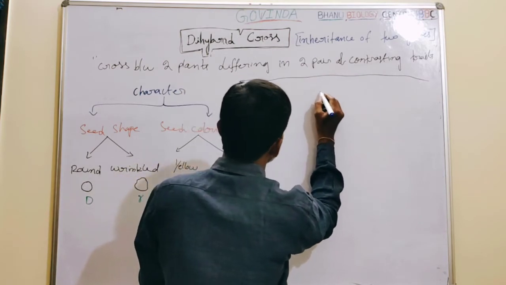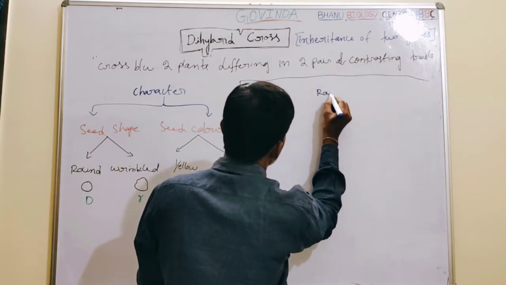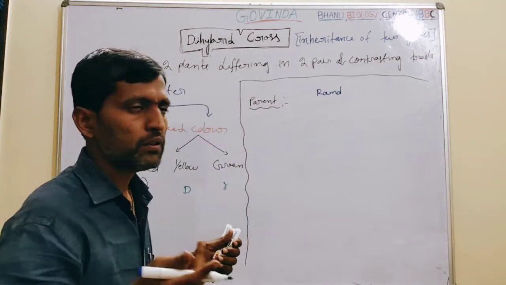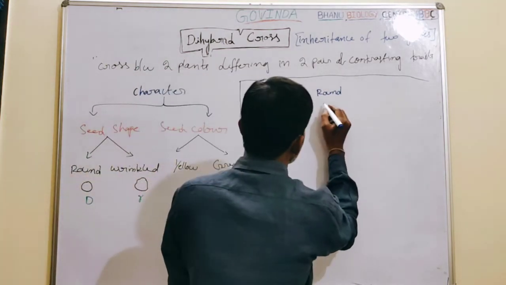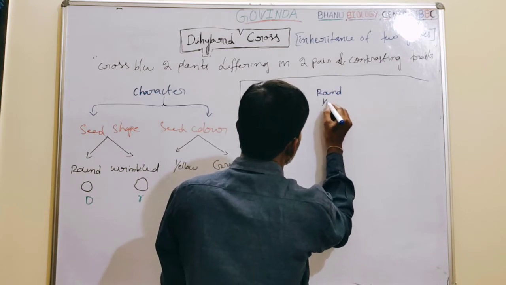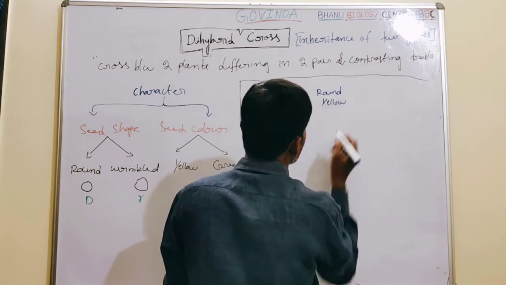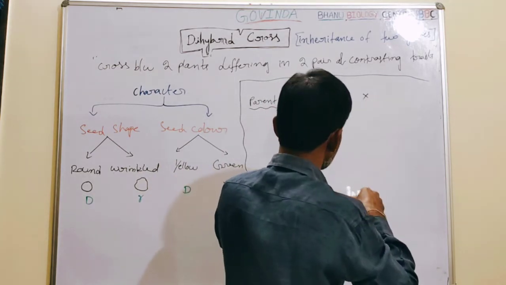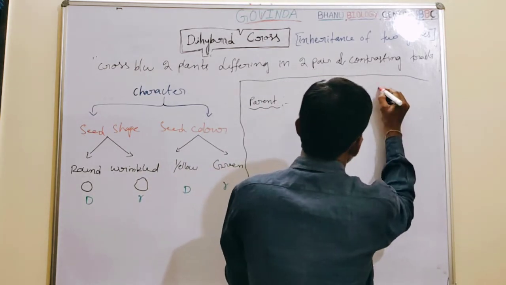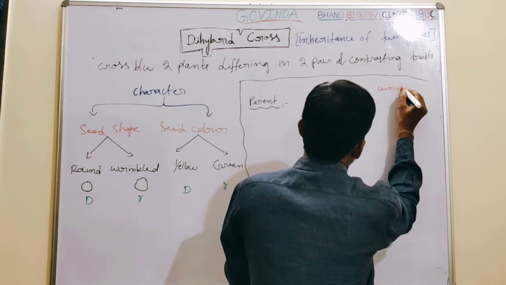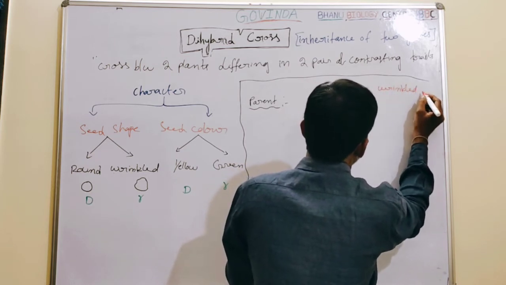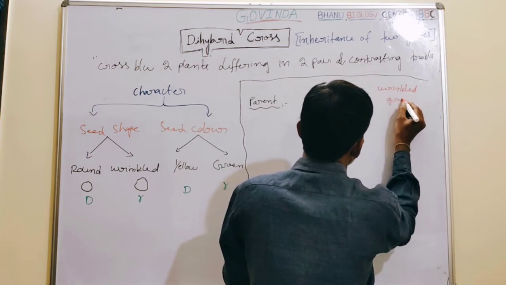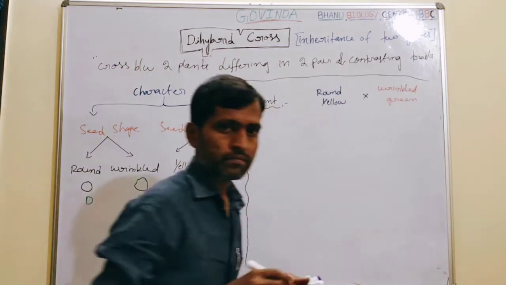One plant has round shaped seeds with yellow color. Then the other plant has wrinkled shaped seeds with green color.